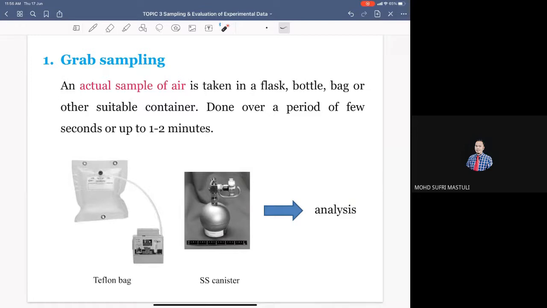The actual sample can be put in a gas sample bag, for example a Teflon bag, or in a flask, or a bottle, or any other suitable container to store the actual sample. After we collect the sample by using grab sampling, it is sent to the laboratory to do the analysis.